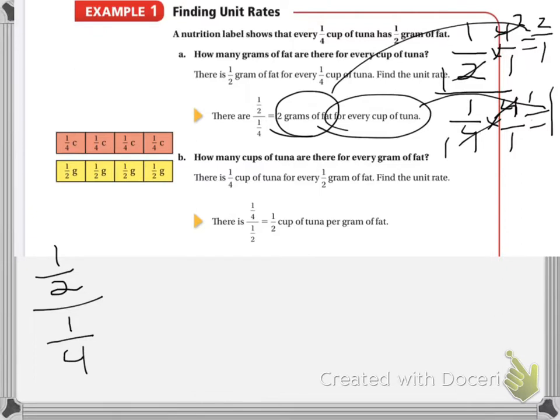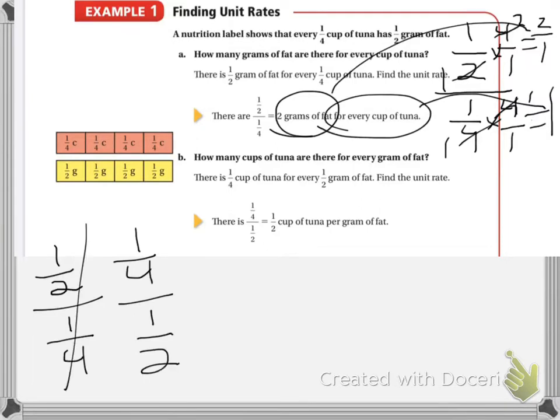And if you'll notice, for the ratio that we used in the first one, we have our grams on top and our cups of tuna on the bottom. Now we can flip-flop this, and instead, since we're trying to get the unit rate for the grams, we've got 1/4 cup of tuna for every 1/2 gram of fat.